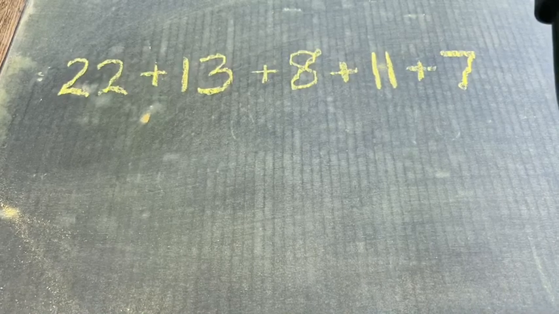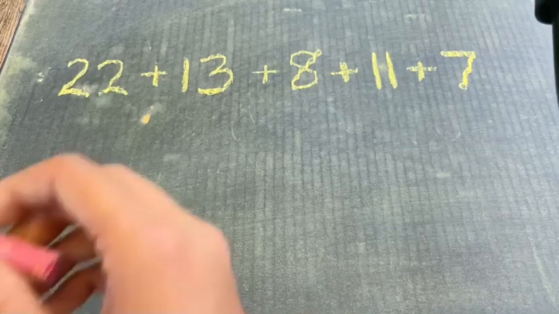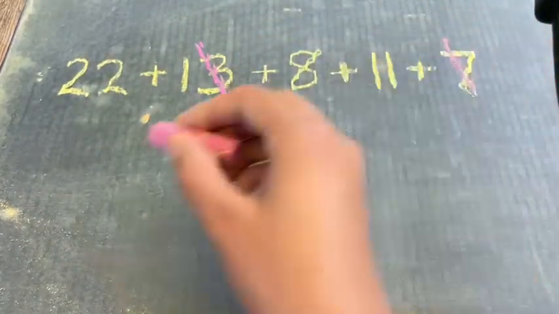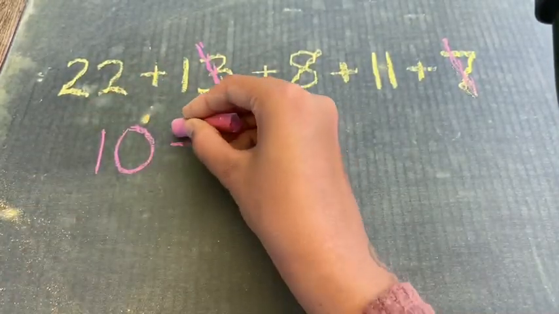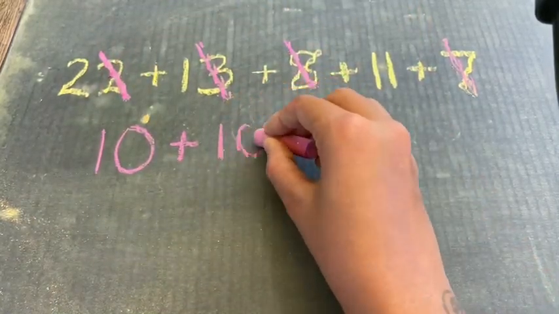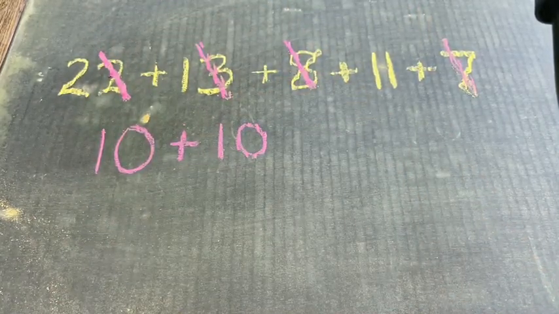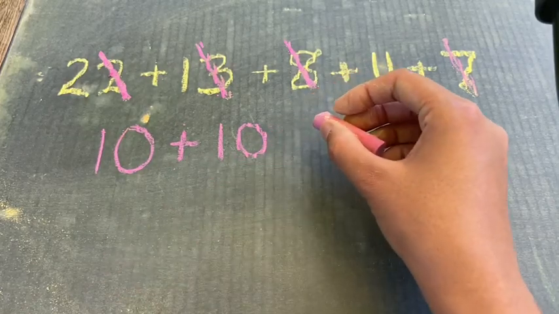I'll tell you right now, the very first thing I would do is find the number buddies. 3 and 7 makes 10. 8 and 2 make 10. So those are our ones that we've been adding to make number buddies. What about our tens? Who do we have 10-wise?